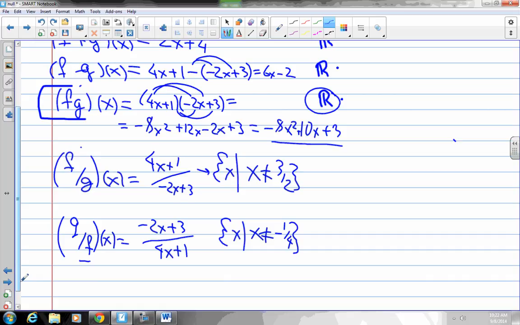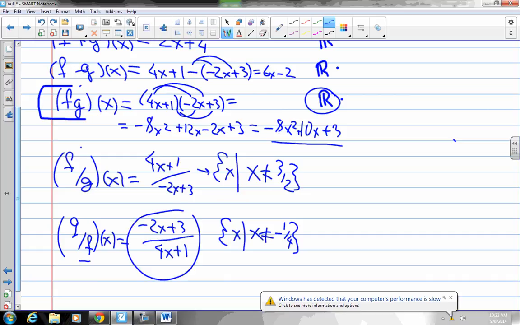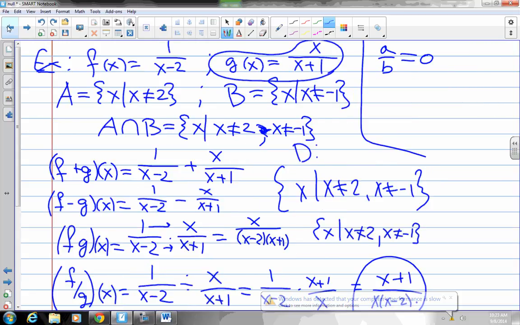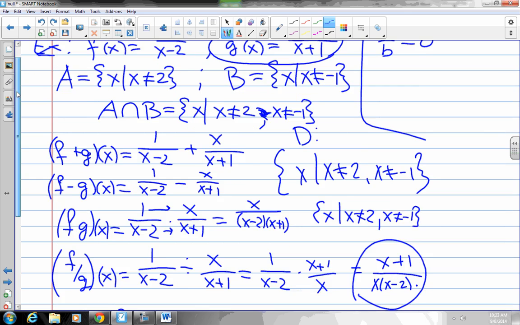So this makes sense? It's a little weird. If I just give you this function as it's written and ask you what the domain is, you're still going to give me the same answer: everything but negative 1/4, because that's what makes the denominator equal 0. The only time this kicks in is in the example we did with two fractional functions.